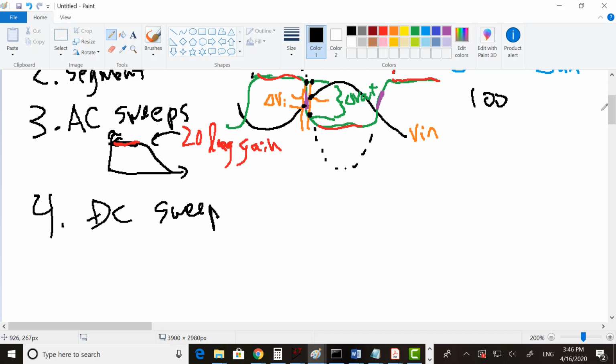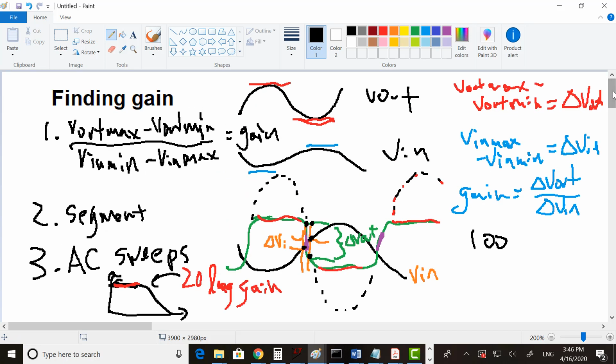So the simulation type for the first one would be a transient response. This one also would be a transient response.